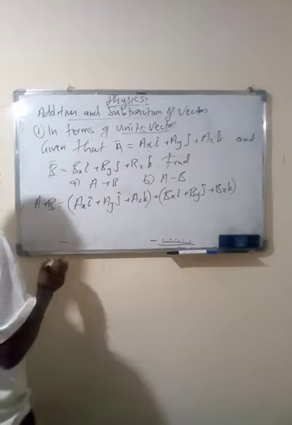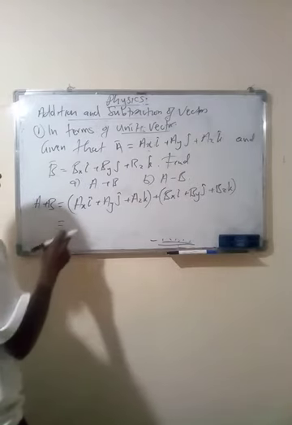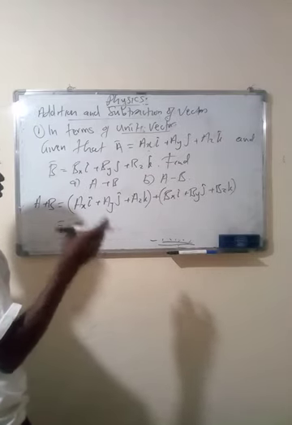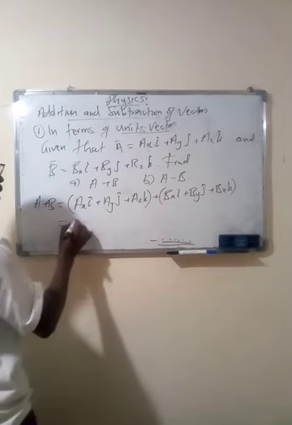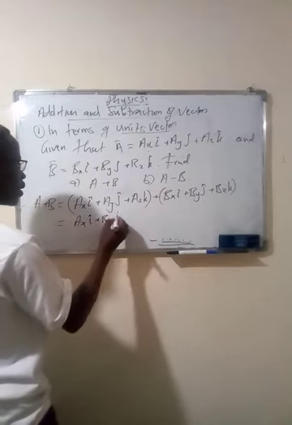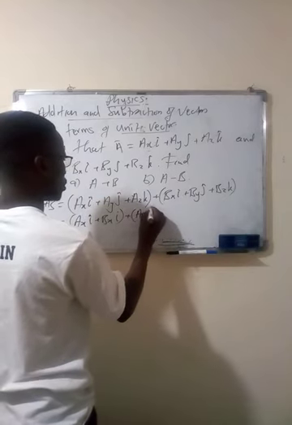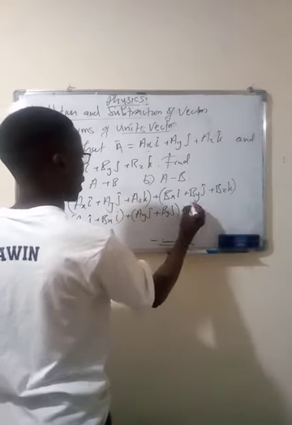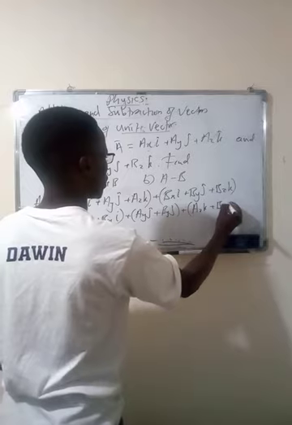Then what we simply do is collect the like terms. In other words, we get the x components together, the y components together, and the z components together. By doing that we end up with AxI plus BxI, and then plus AyJ plus ByJ, then plus AzK plus BzK.